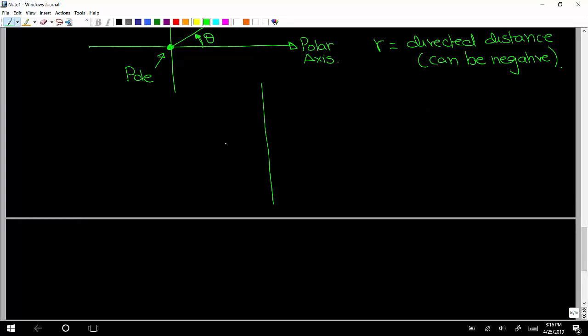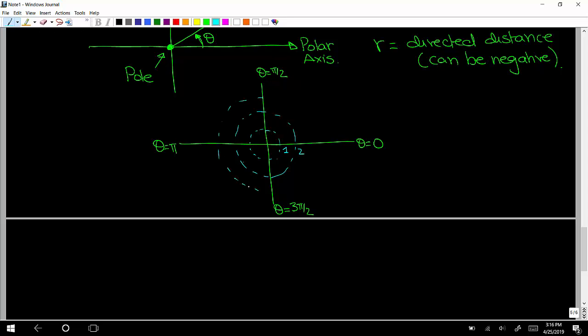This is theta is 0, theta is pi over 2, theta is pi, theta is 3 pi over 2, and then it has concentric circles for different values of r. So this would be the circle for r is 1, this would be a circle for r is 2, and so on. So this is what the polar paper looks like.